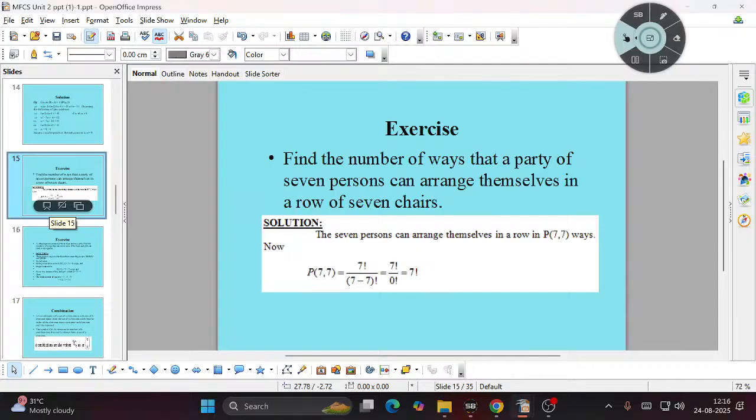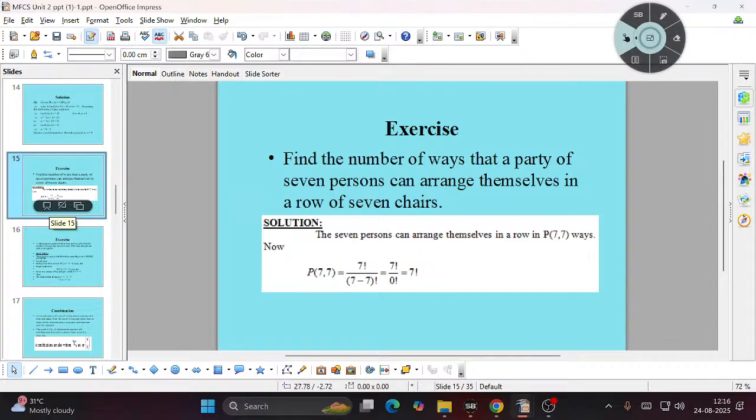Find the total number of ways that a party of 7 persons can arrange themselves in 7 chairs.